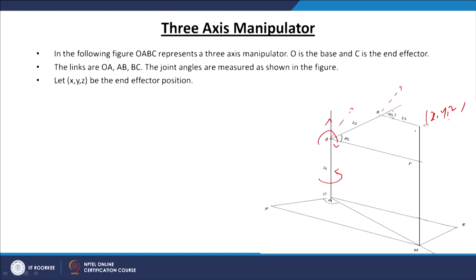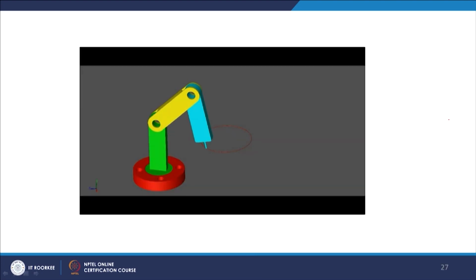So, that is the 3 axis manipulator. The picture is depicted here and this video shows exactly the same robot manipulator. The second link is rotating with respect to the axis perpendicular to this paper, the third link is rotating with respect to the axis parallel to the previous axis of rotation, and the base is rotating with respect to the axis which is a vertical line.